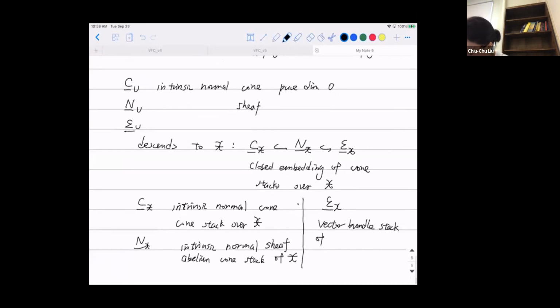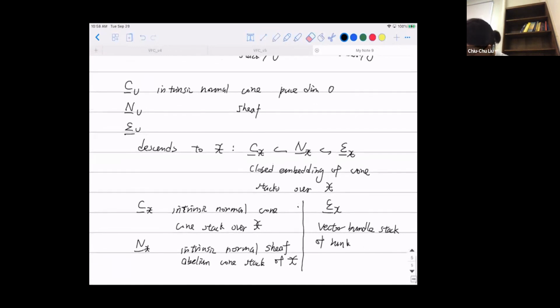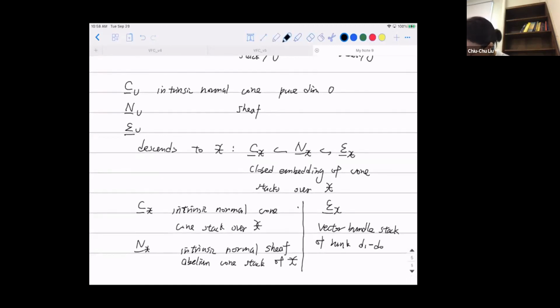It's of rank d, which is equal to the negative of the virtual dimension.